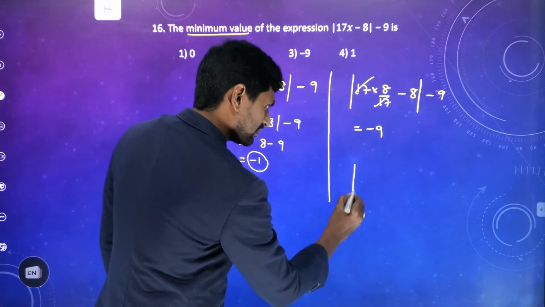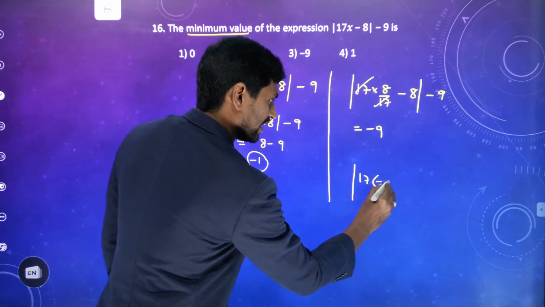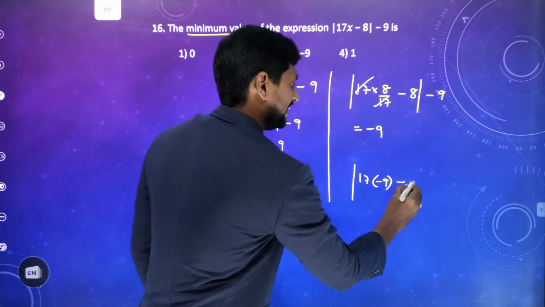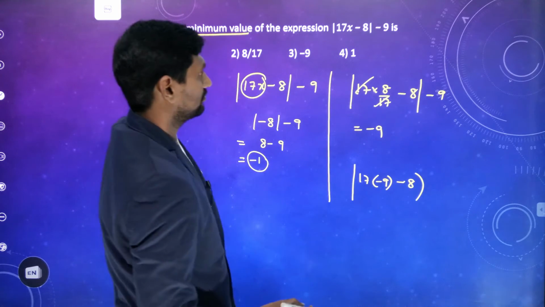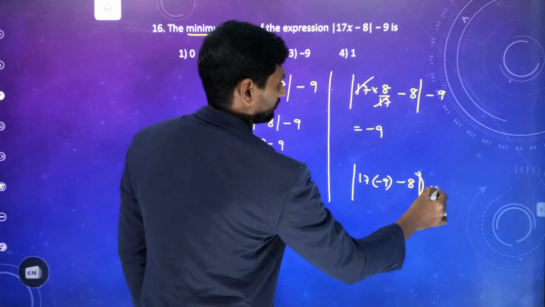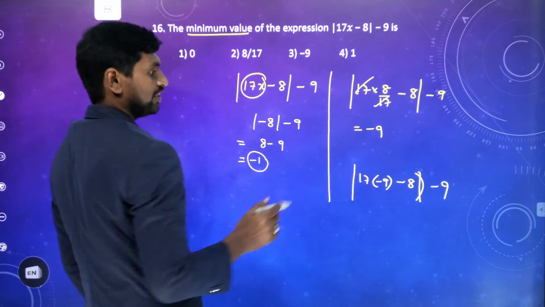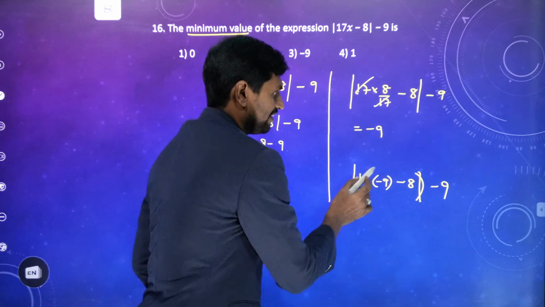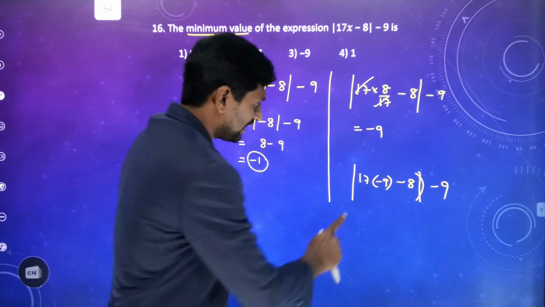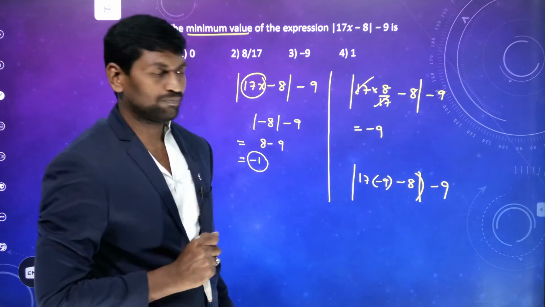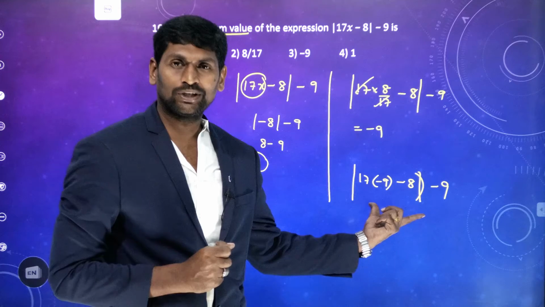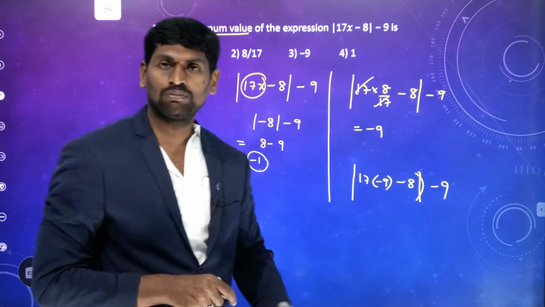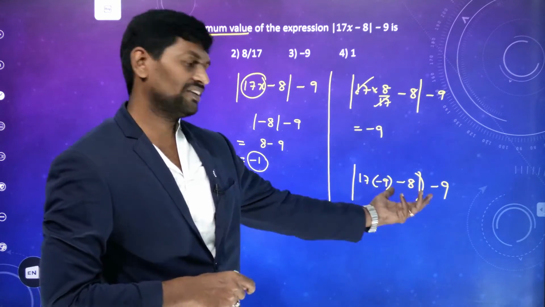Now checking the third option. Minus 9 in the place of x. 17 into minus 9, whatever it is, 17 nines or something will come. That value subtracted from 8. Both are negative values now, so a negative answer will come inside, and whatever the negative answer, the modulus gives only a positive value. So more than 100 will come.